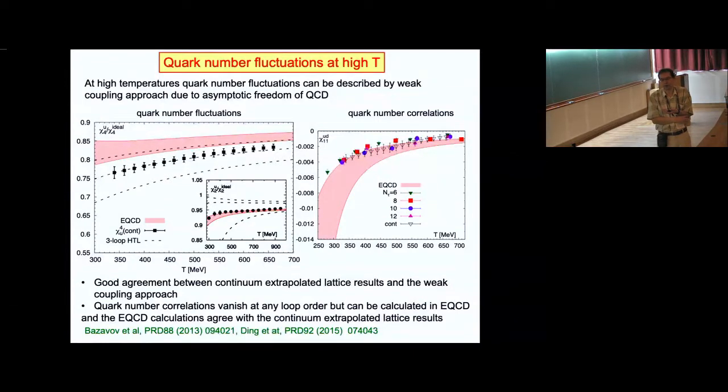But then of course there you have no way to systematically incorporate non-perturbative effects. So it resums some perturbative contributions that EQCD cannot, because perturbatively you don't necessarily have to assume the scale separation between 2 pi T and m_D, so gT. That's the philosophy, but then of course you have no way of incorporating the physics of the magnetic sector.